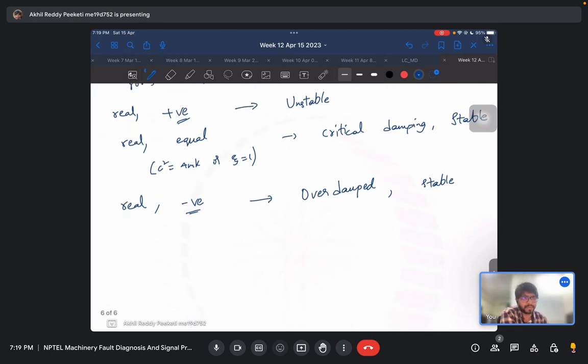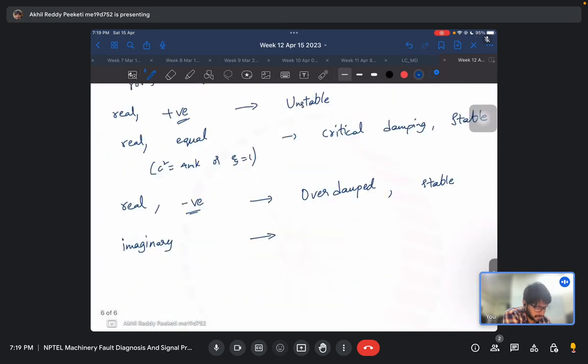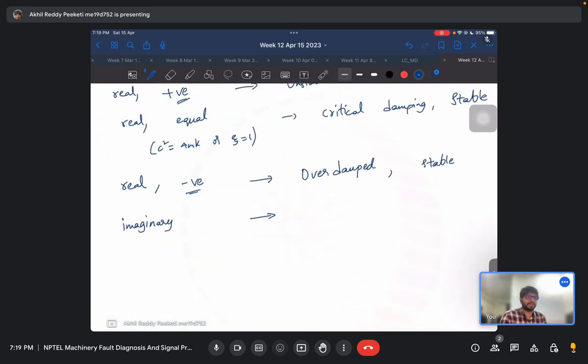And if the roots are imaginary, then it would be a damped system and it will be stable.